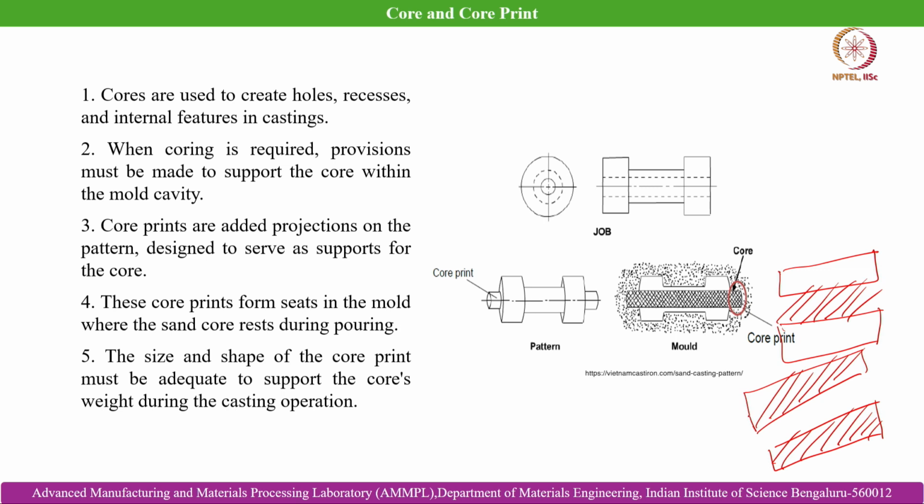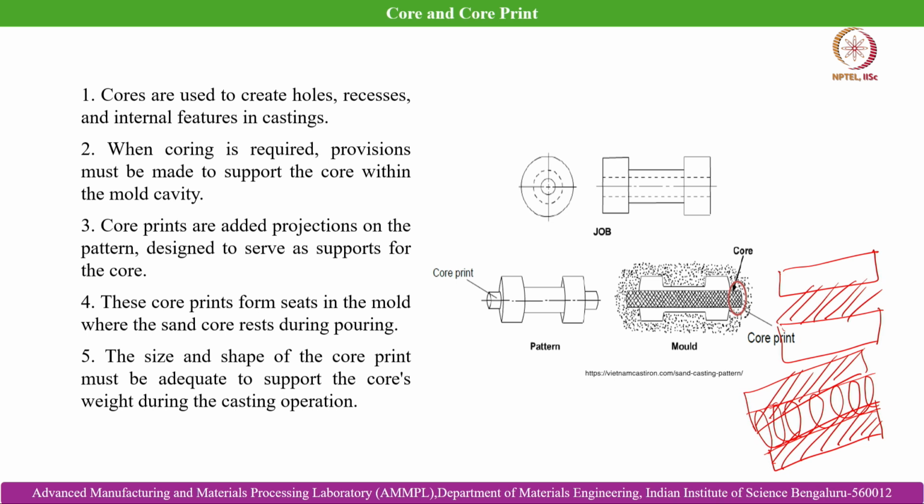If we try to machine to make it straight, we will end up enlarging the dimension of the hole, and it will not be able to assemble in the desired in-service condition. So, that is why we have to place the core effectively within the mold cavity, and that is why we need to take the help of core prints.